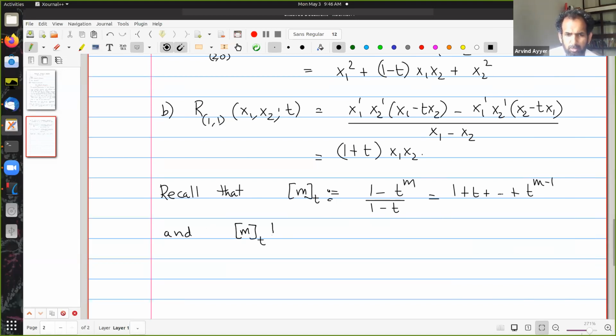One usually uses q instead of t, but we are going to have a q later, so it's better to use t. So this is an analog of the integer n. If you set t equal to 1, you will get n, and this is the natural analog of the factorial. So this is n t, n minus 1 t, up to 1 t.